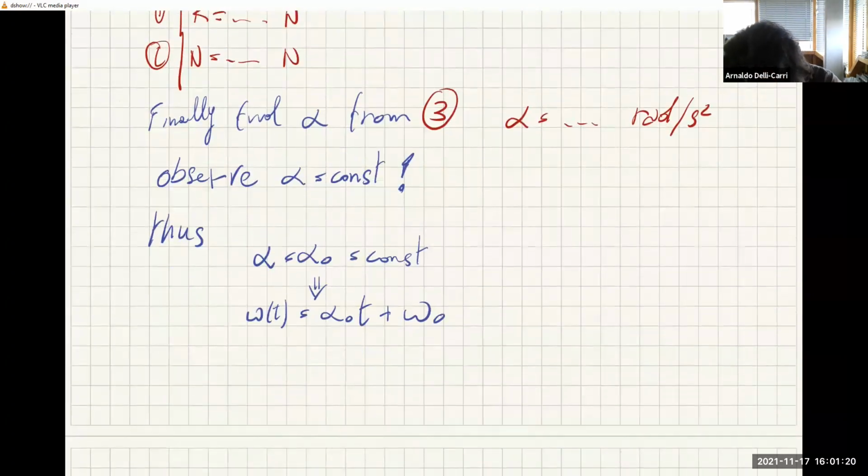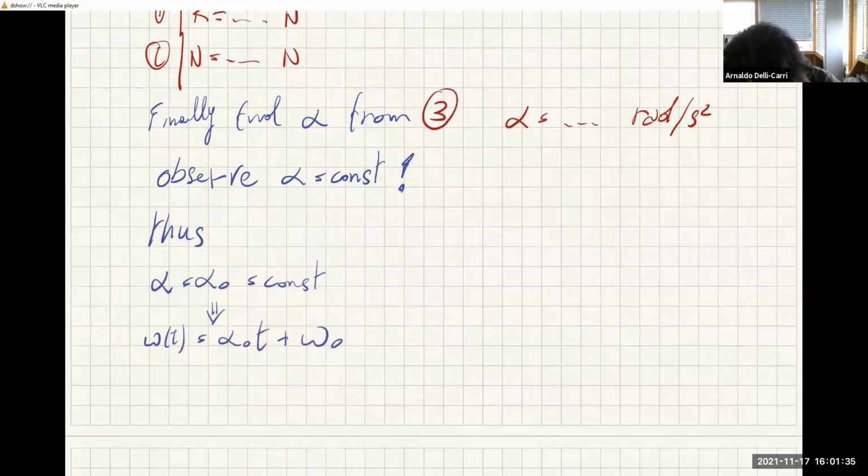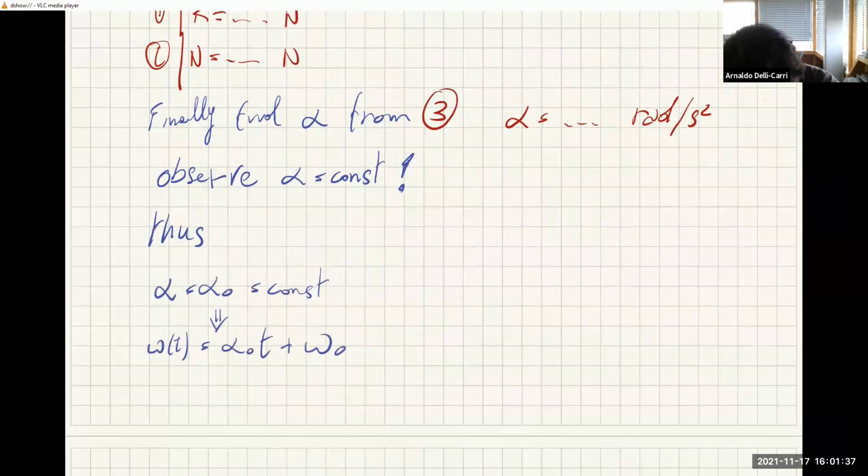And so we can find what is the time to stop. So I can say that the time to stop is the time that it takes for omega to be 0.